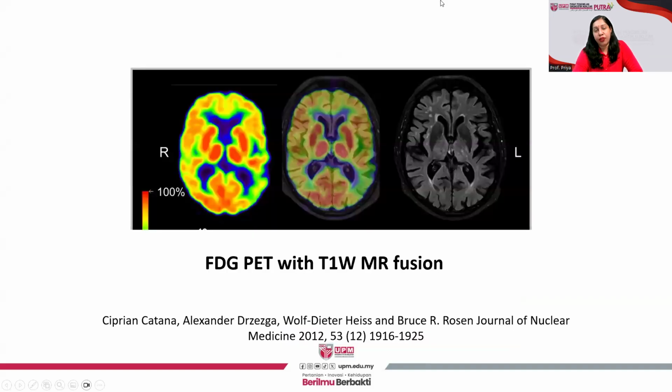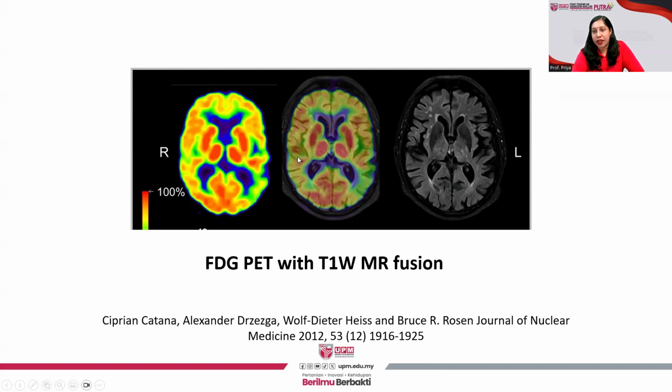This is an example of a PET scan showing FDG uptake in the brain, and this is a standard FLAIR image, a T1 weighted image, where you can see the fluid is dark and the white matter is relatively darker.